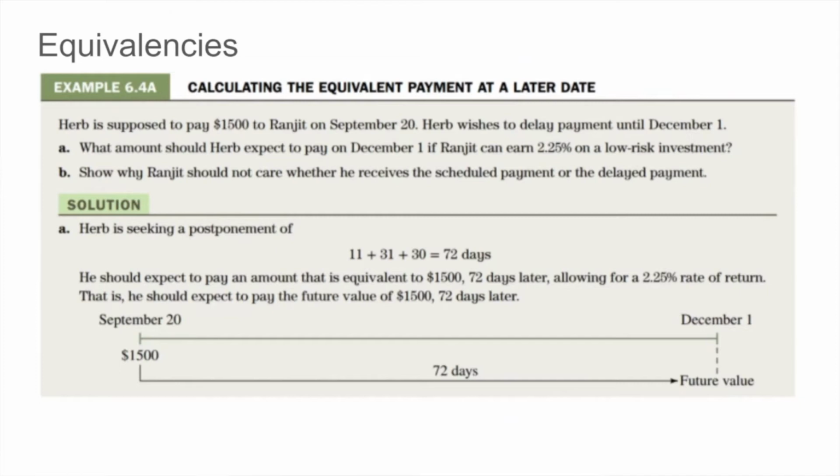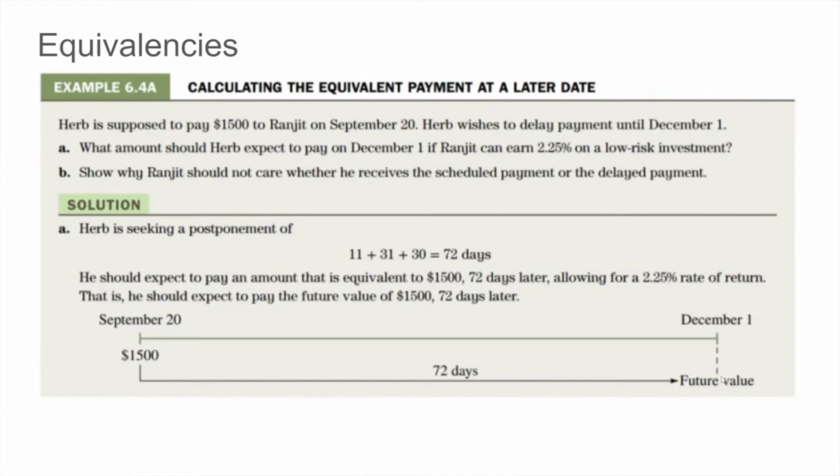So considering we know the amount of money, $1,500, we know the time period, 72 days, and we know the interest, we can calculate the future value of $1,500 in 72 days' time, assuming a 2.25% interest rate, and that will tell us the amount of money that Ranjit should accept on December 1st, 72 days later. It would draw out on a number line like this: $1,500 now for 72 days.